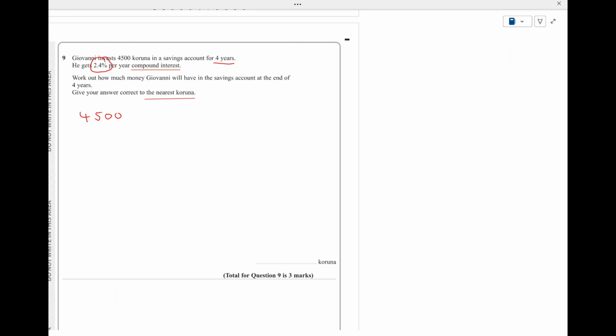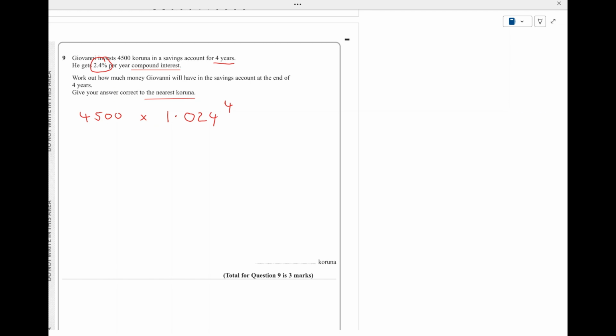Okay, now I've got a fixed way of doing this, so I'm going to start with the original. Now my multiplying factor, if I'm increasing by 2.4%, is 1 point the increase. So 1.024, and I'm going to multiply by 1.024 4 times, because it's in the savings account for 4 years.